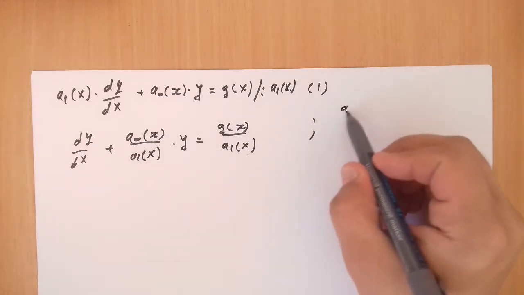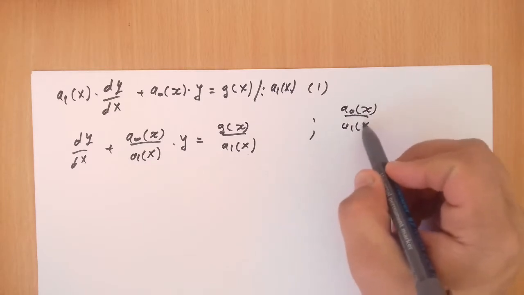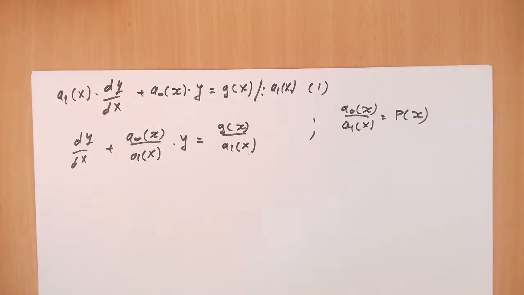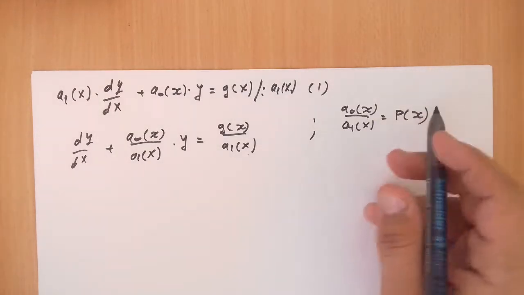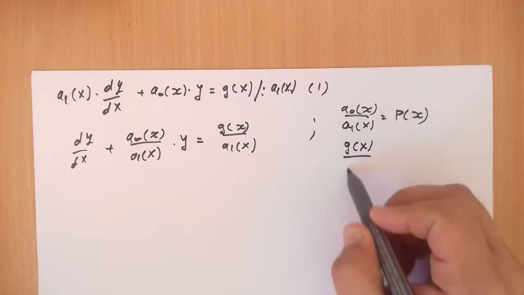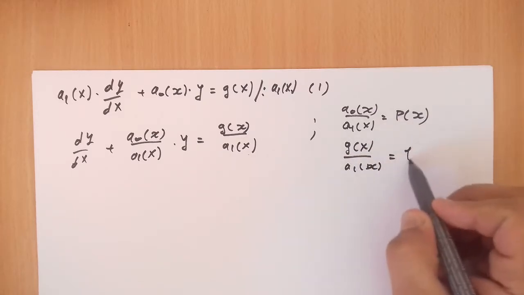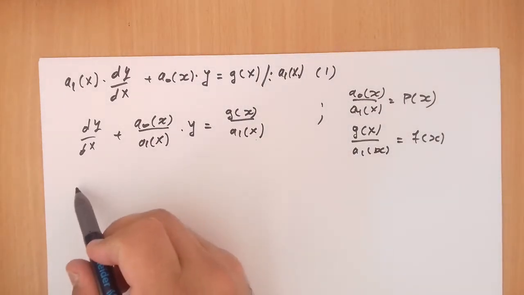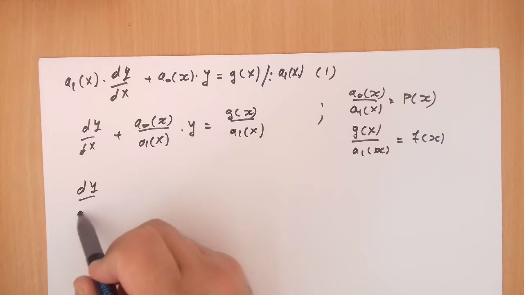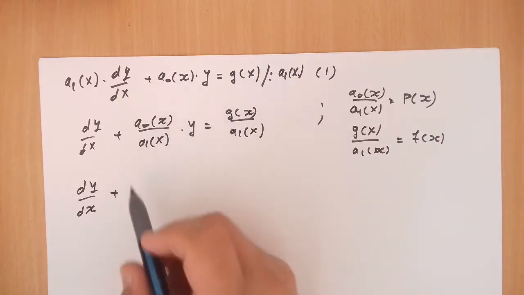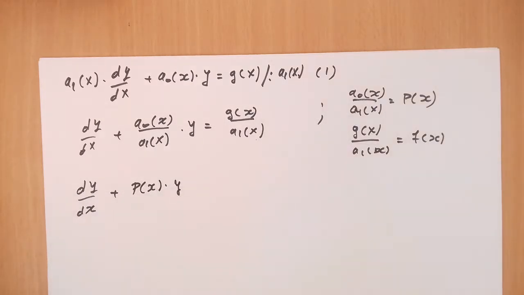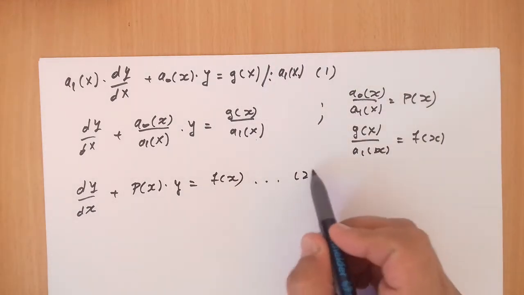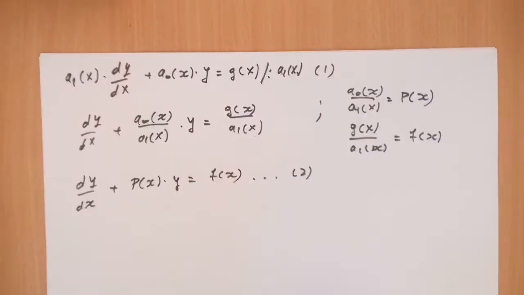So we will write a0 of x divided by a1 of x, which we call p of x, and g of x divided by a1 of x, we will call f of x. So now this equation will look like dy/dx plus p of x times y equals f of x. So this is equation number 2.